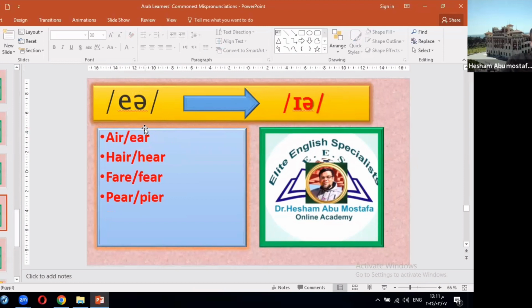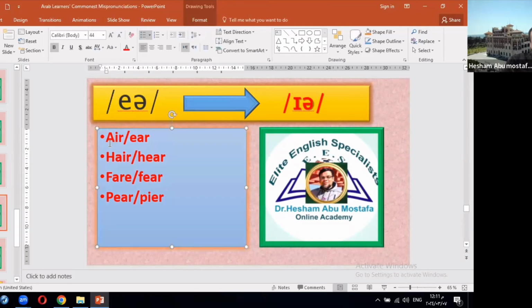Ear, air. Many students cannot distinguish between these diphthongs, and they pronounce these words as if they were homophones. So they say air, air, or ear, ear. Sorry, ear, ear. They change air into ear. Okay. So this is air.